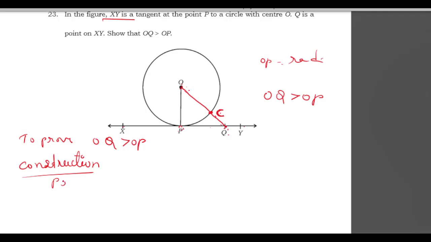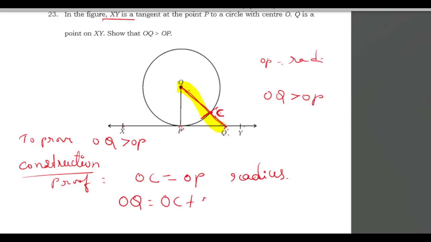Now the proof. OC is equal to OP. OP and OC are radii. And OQ is equal to OQ. This is O to Q, which equals OC plus CQ.